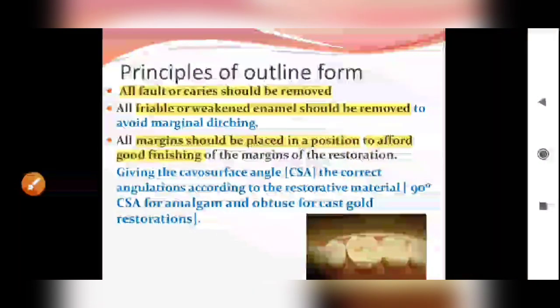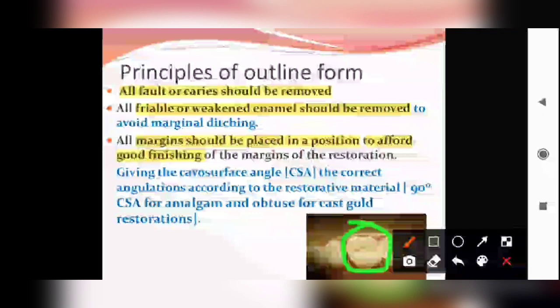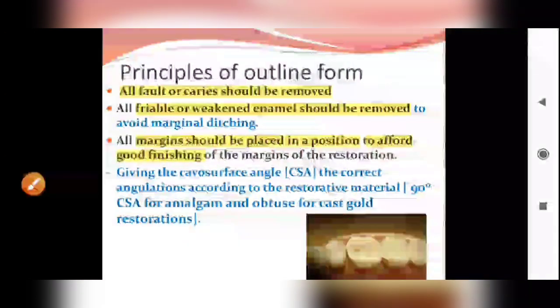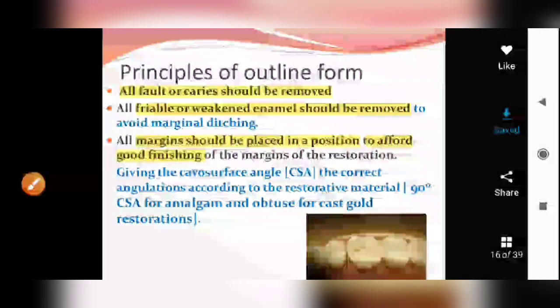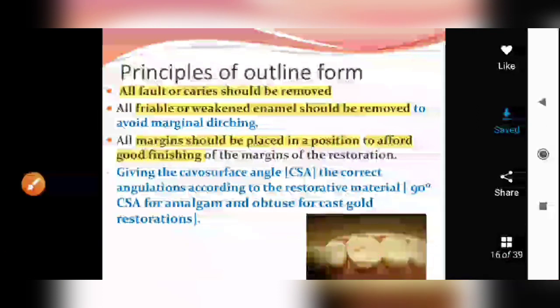So what are the principles of outline form? The caries should be removed, and if there is any weakened or broken enamel, it should also be removed, and all margins should be placed in a good position. By outlining the margins, we create a nice boundary so that it will have good finishing, right?